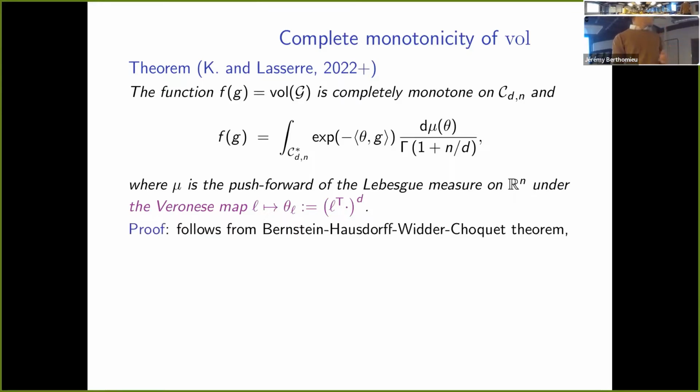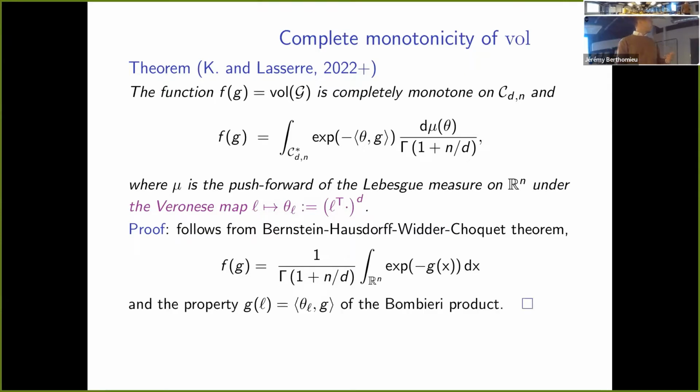Okay. And the proof is quite elementary, so it follows immediately from this characterization by Choquet. As soon as you take this representation and use a fundamental property that Bombieri form enjoys, namely that evaluation of forms at points corresponds to taking inner product with powers of Veronese points. Okay.